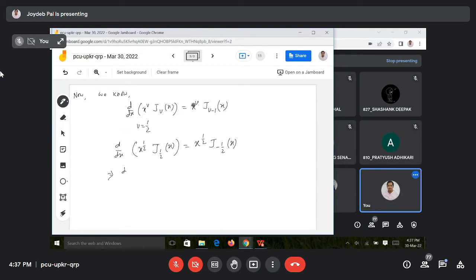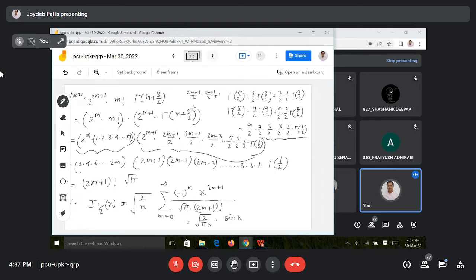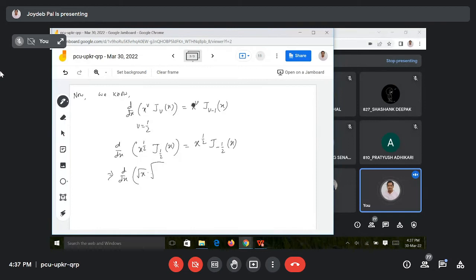Now d/dx of x to the power half means root x, and what is J half? You put in the previous result. J half means square root of 2 by pi x sin x, equal to root x J minus half x. Now that square root of x cancels out, and root under 2 by pi is constant, so it is only d/dx of sin x, which will be cos x.